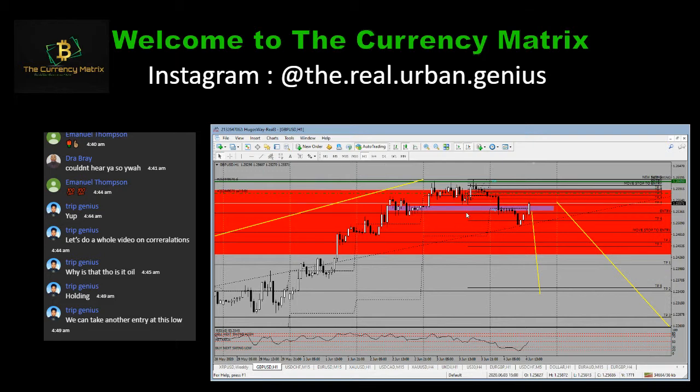I'm going to put a sell limit here. Excuse me, sell stop. It's based off this structure, so don't just think it was random. On this zone.